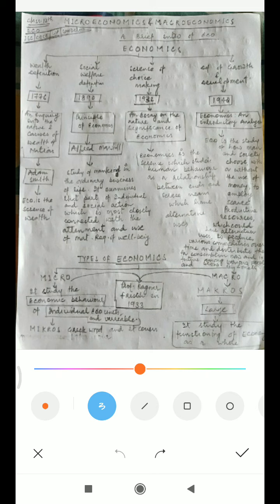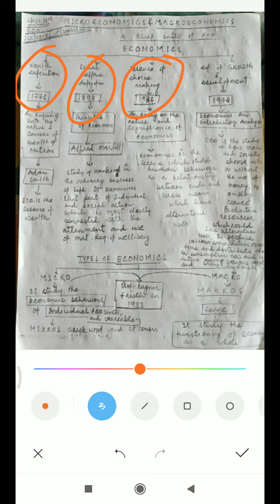One says economics is the science of wealth, the second says economics is the science of social welfare, but Robbins says economics is the science of choice making.